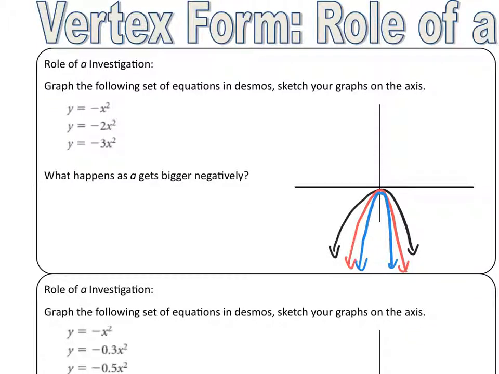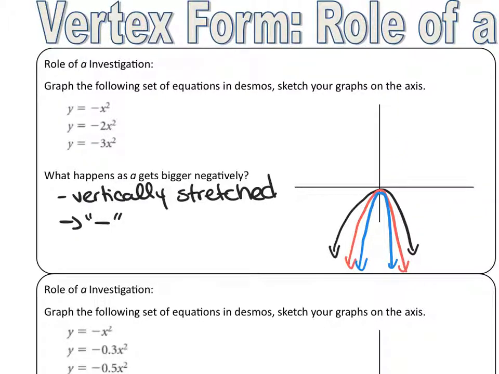Okay, so notice that as A gets bigger negatively, it's still getting skinnier, or it's vertically stretched. But in this case, because of that negative sign, it is now reflected in the x-axis, which basically just means that it's been flipped over. So instead of being a nice smile when it was positive, now it is like a frown when it's negative.